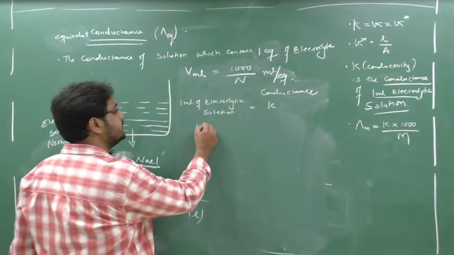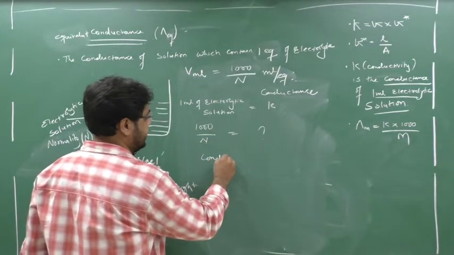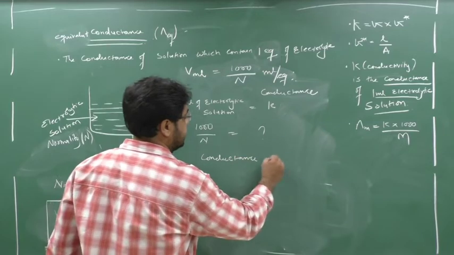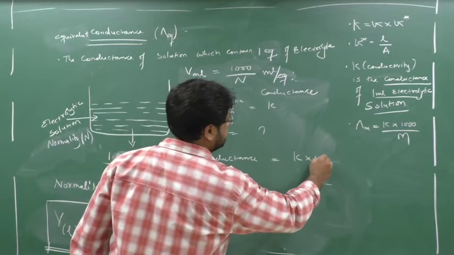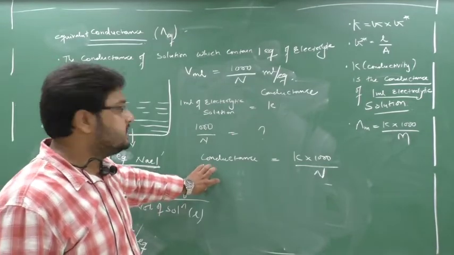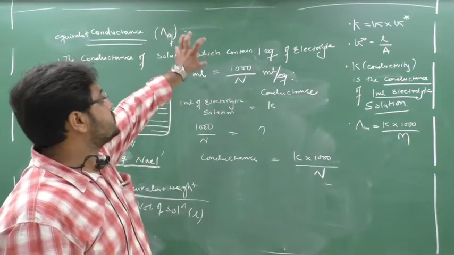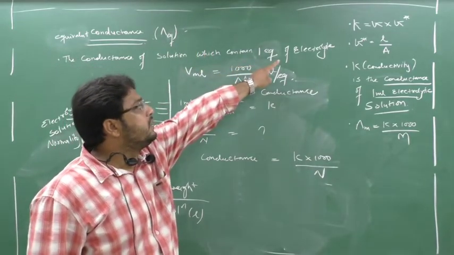I have 1000 by N. So the conductance I will get is K 1000 upon N. Now once more, this is the conductance. Yes or no? This conductance I got for the solution which contains 1 equivalent of electrolyte.